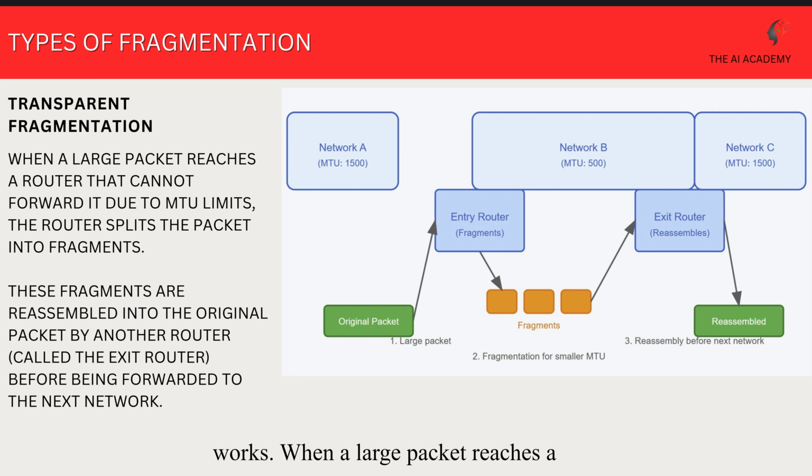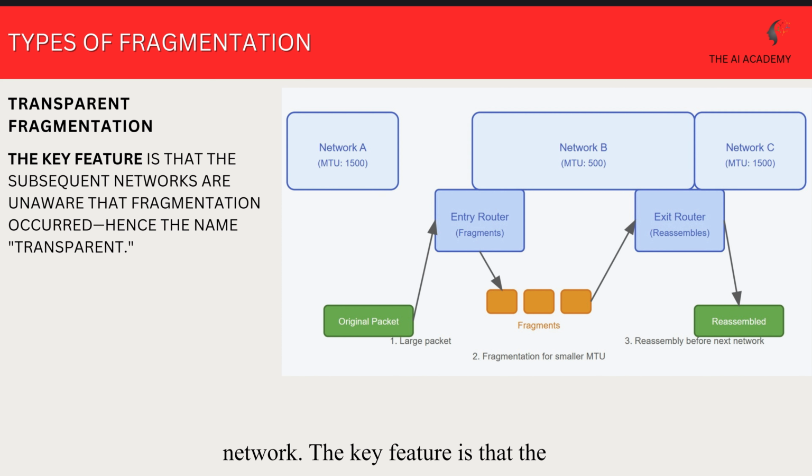So, how does it work? When a large packet reaches a router that cannot forward it due to MTU limits, the router splits the packet into fragments. These fragments are reassembled into the original packet by another router, called the exit router, before being forwarded to the next network. The key feature is that the subsequent networks are unaware that fragmentation occurred, hence the name, transparent.